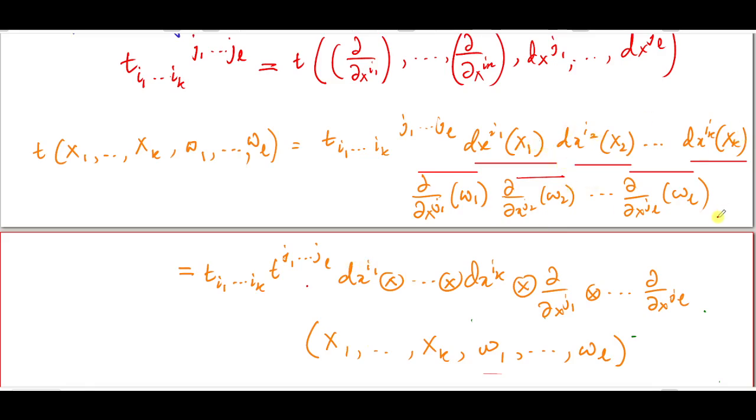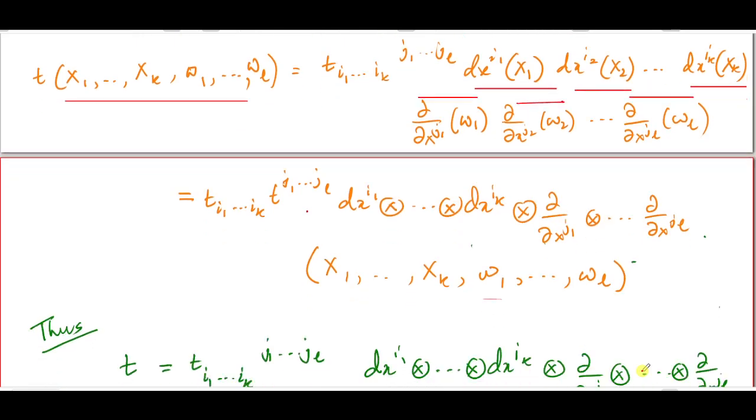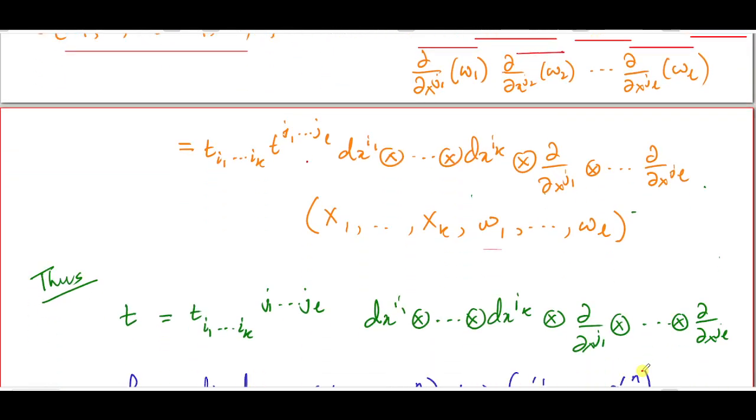But notice the t acting on this set of arguments is exactly equal to this whole thing acting upon this bunch of arguments, same bunch. And this works for all smooth arguments that you can give. And so you can say that the tensor t is the same as this t i1, i2, ik, j1, j2, jl.